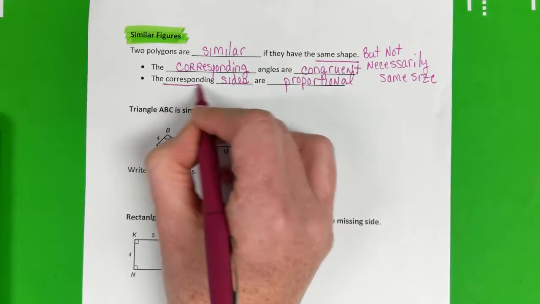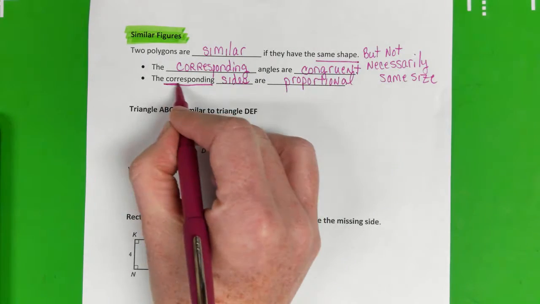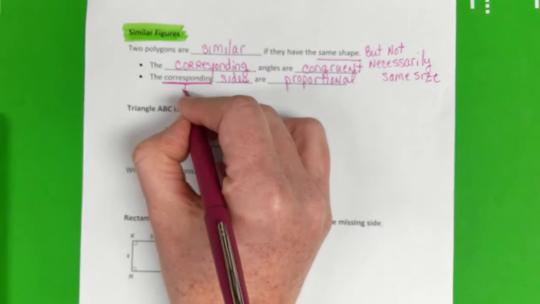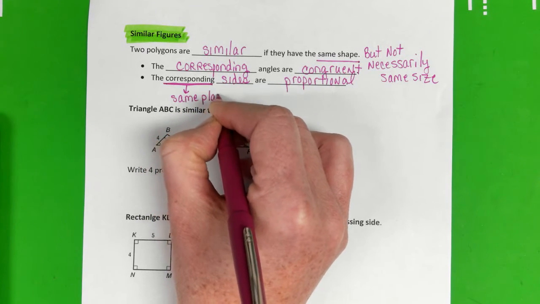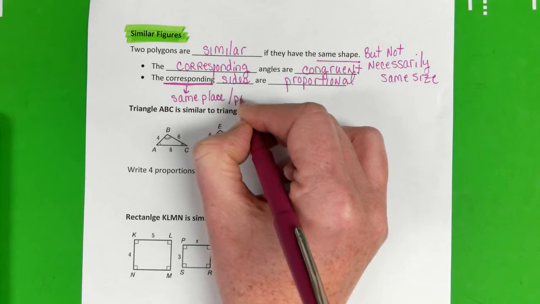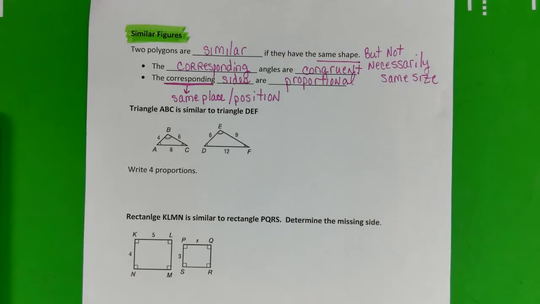And you probably remember writing proportions to solve problems that dealt with similar shapes. The word corresponding just means the same place or the same position, and so we're going to talk about that, because that is a really, really important piece.